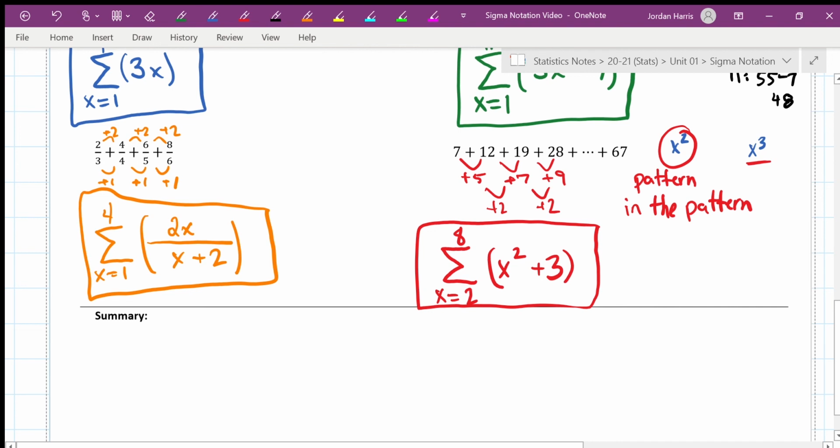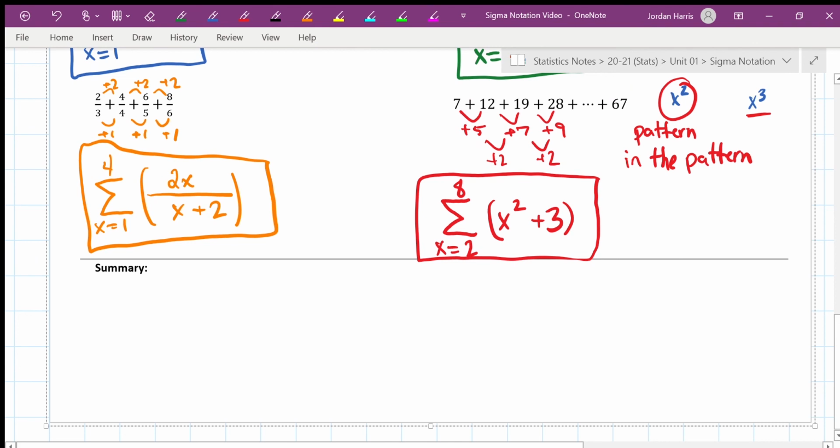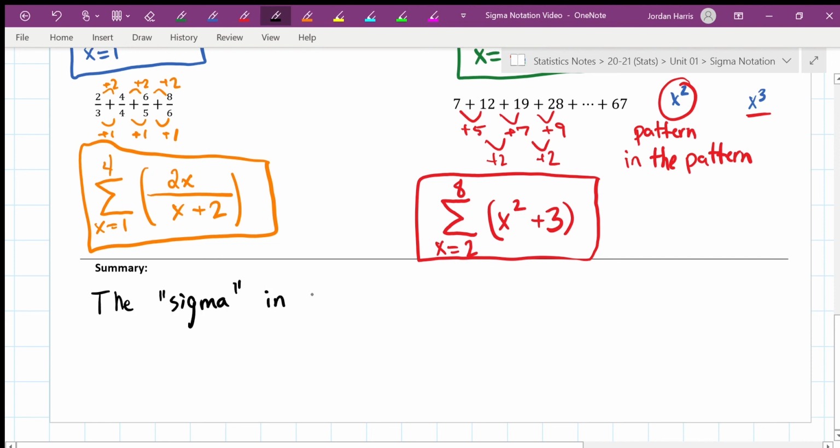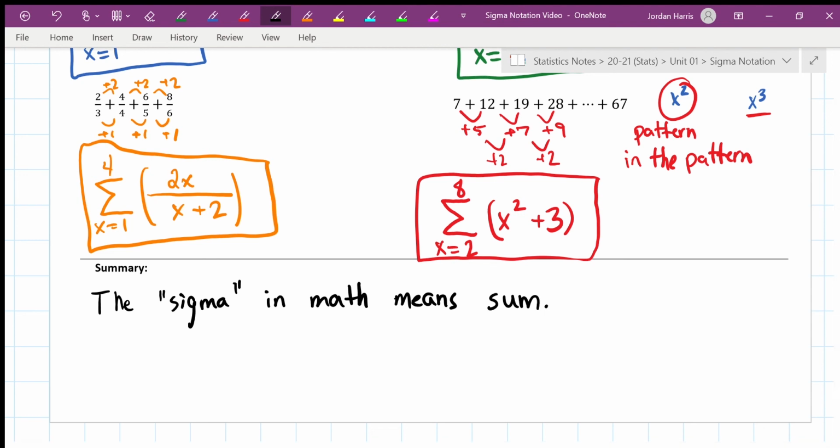Okay. For your summary, I'll give you this one. So it's explaining what we did. Okay, so we need 3 sentences minimum. So the sigma in math means sum. Okay, that's the first thing, right? All right, and then what else did we do?